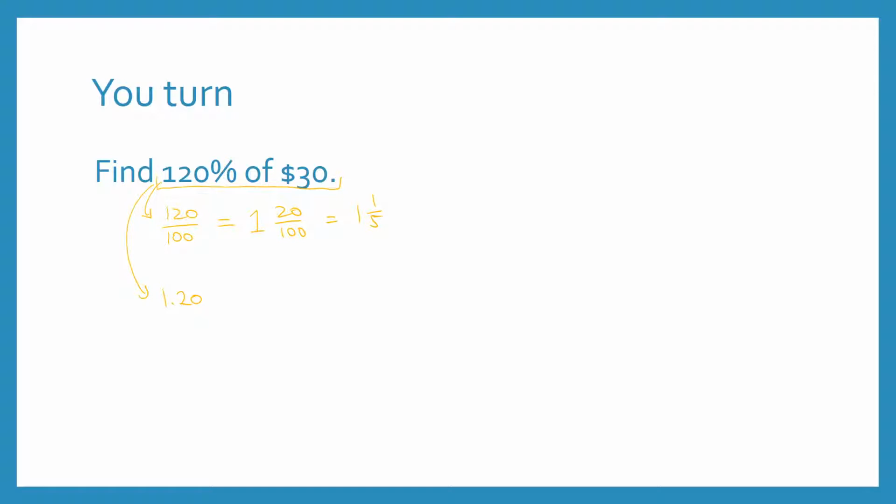In this case, I am going to choose the decimal because I think that's going to be the easiest one. Actually, I might do it both ways. We'll start with the fraction. So if we chose the fraction, we would go 1 1/5 of $30. So it's going to be the same as if we had $30 plus 1/5 of $30.